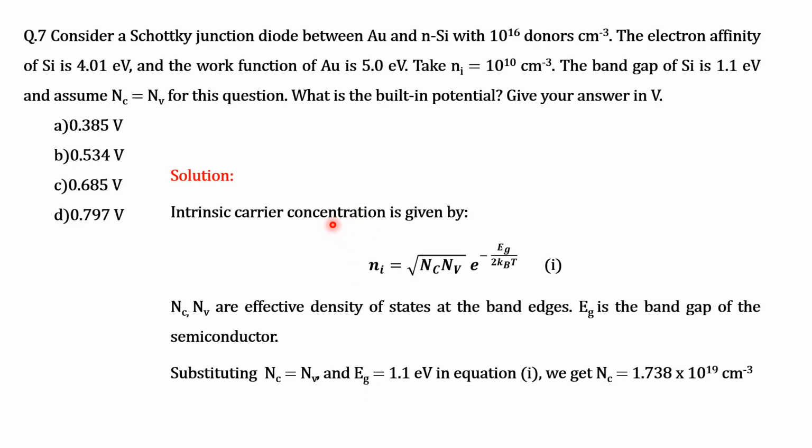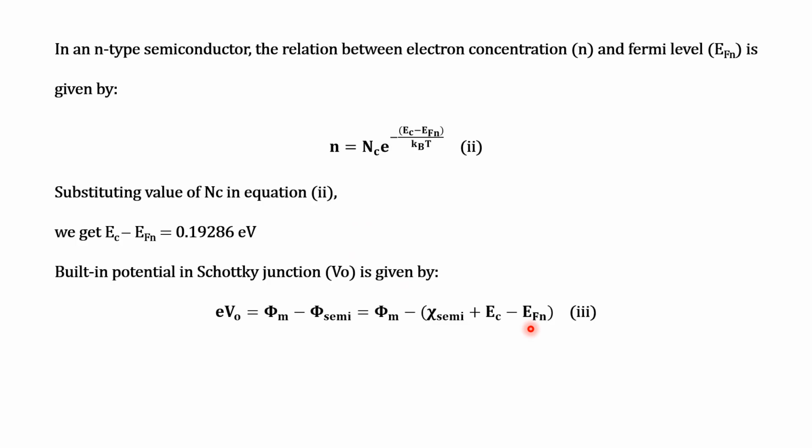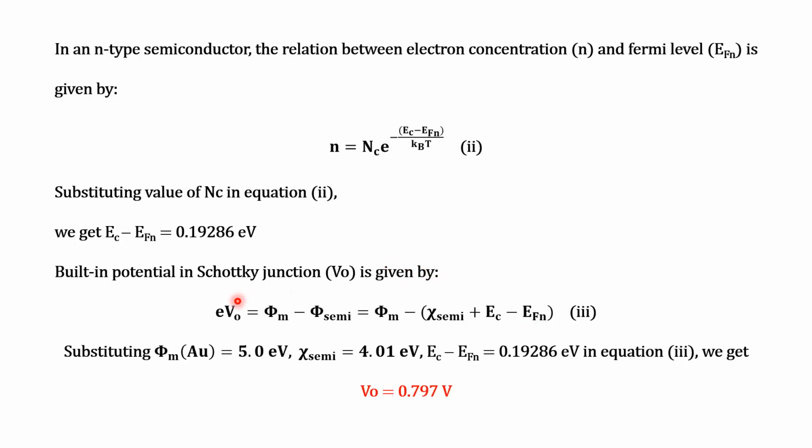So once again, I'll just briefly go through. Basically, we have to find the built-in Schottky junction potential EV0. For that EV0 we need EC minus EFN. To find EC minus EFN we have to use the equation n is equal to root of NC NV e power minus EC minus EFN by KB into T. But here NC was unknown.